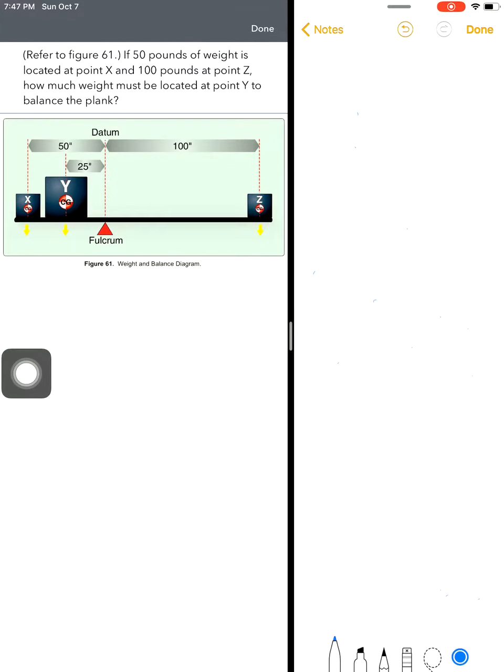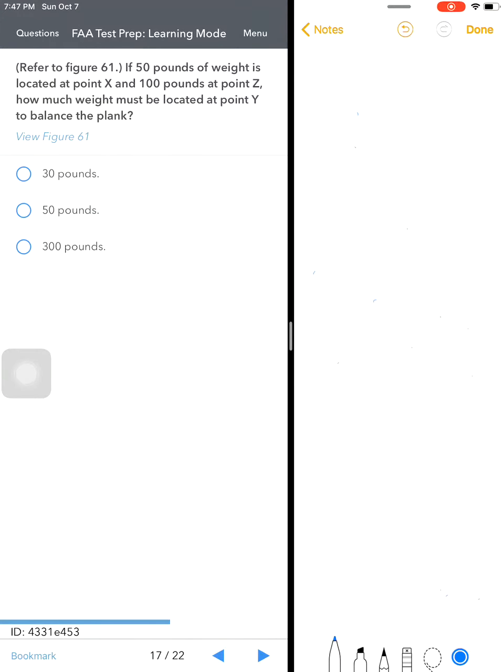Before looking at the figure, 50 pounds is located at X, so X equals 50 pounds. Z is 100 pounds. And how much weight must be located at Y? Y is unknown.